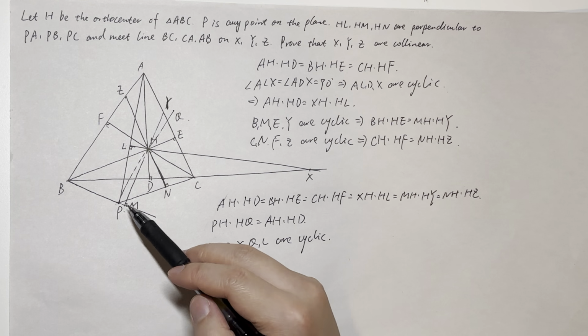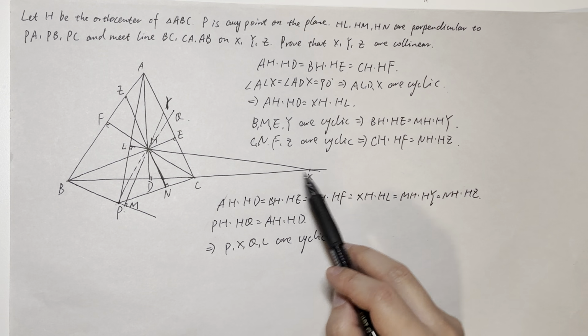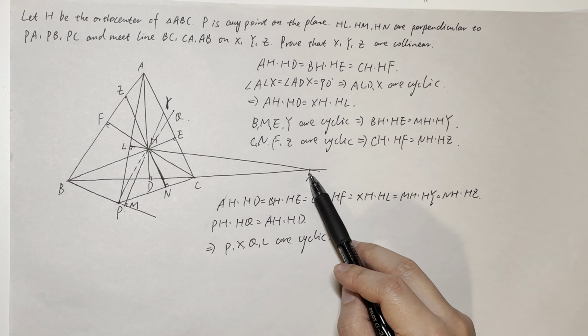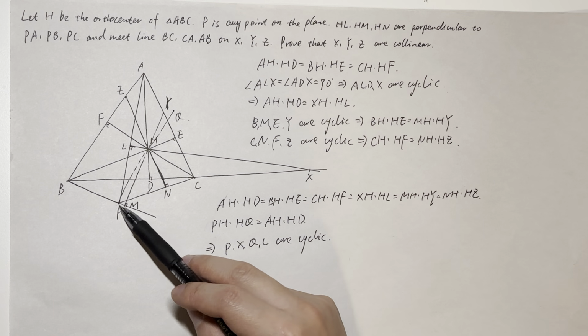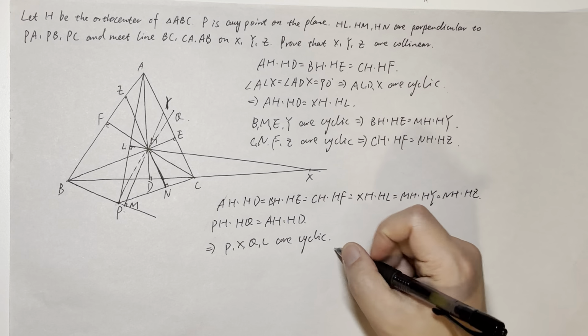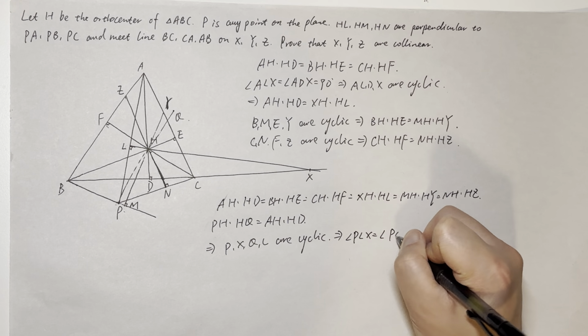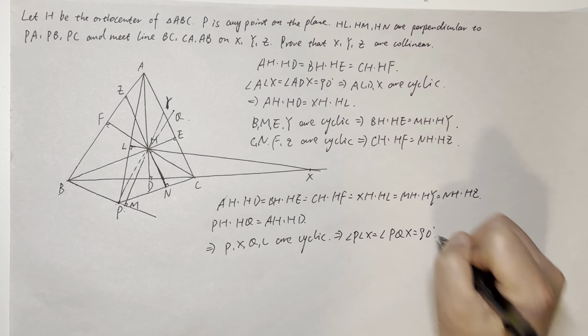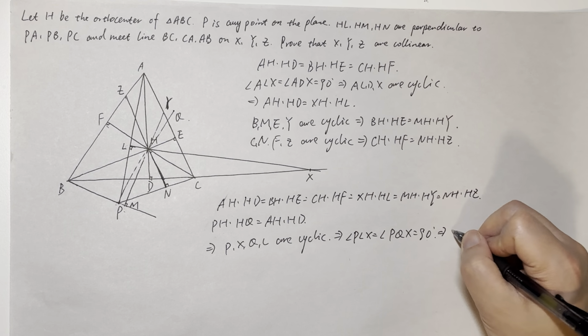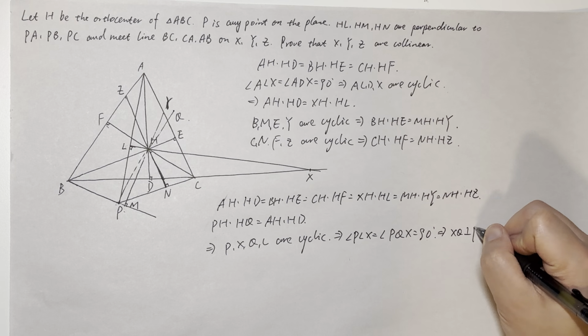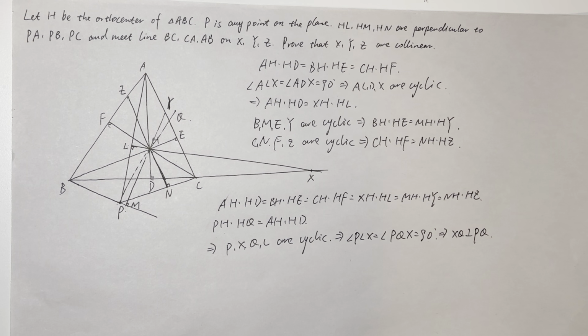right? And we already know the chord PX has the circular angles PLX and PQX, right? So angle PLX equals angle PQX equals 90 degrees. So that means XQ is perpendicular to PQ, right?